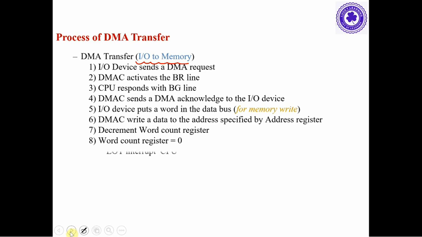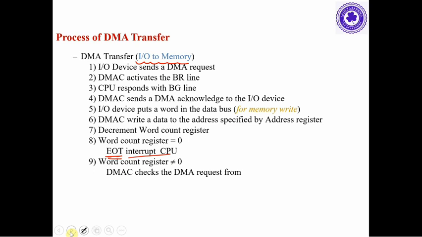When the word count register comes to 0, it means the end of the transfer and the CPU is interrupted to take control of the buses. If the word count register is not 0, the DMA controller checks the DMA request from the IO device.